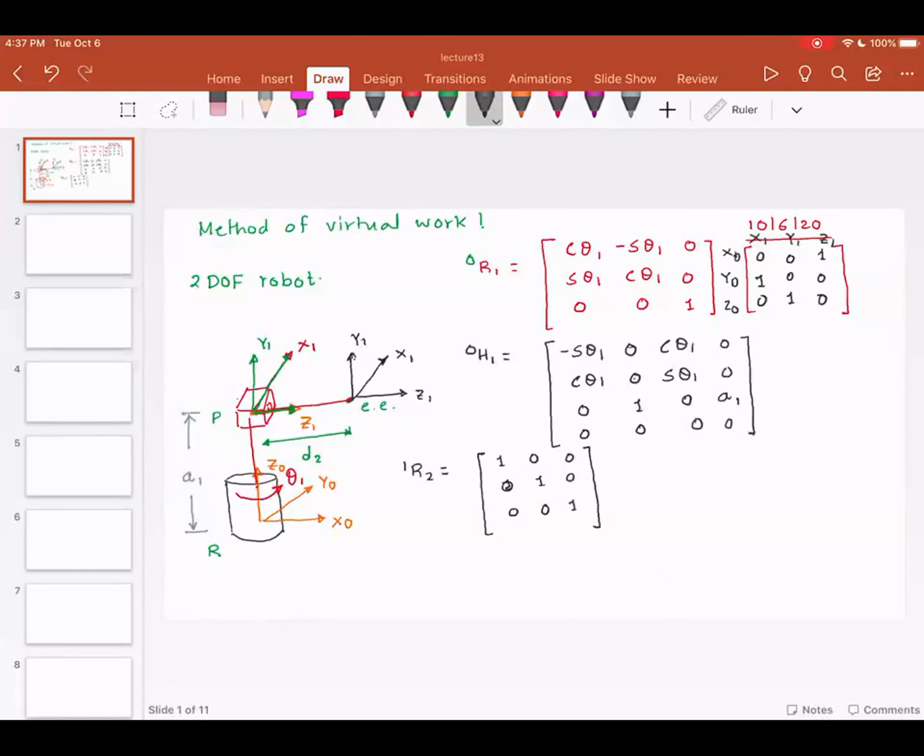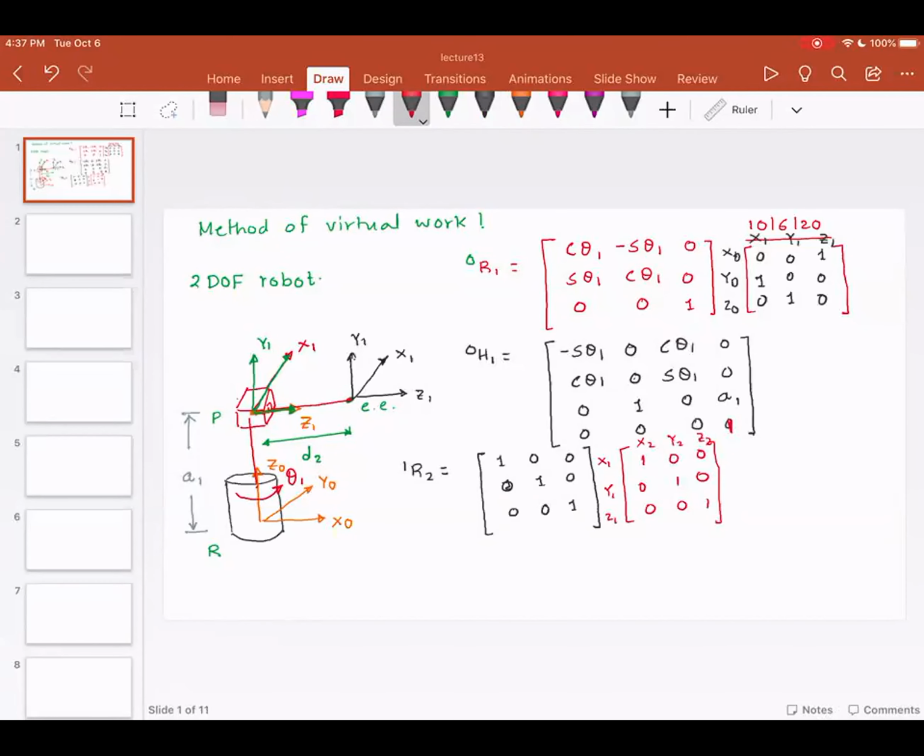This is the rotation matrix, but please recognize that you will have to take into account the projection matrix as well, and the projection matrix here will be between x1, y1, z1 and x2, y2, z2. So this is 1 0 0, 0 1 0, 0 0 1.